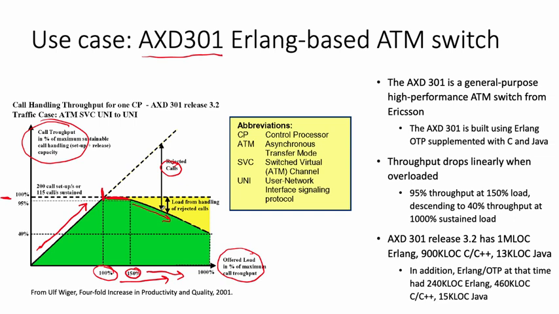And this is because the ATM switch has to spend time managing the rejected calls. The more there are attempted calls, the more work there is. And you can see this is done very gracefully. The graph goes up to 10 times overload, 1,000% overload, so 10 times the maximum performance of the system.